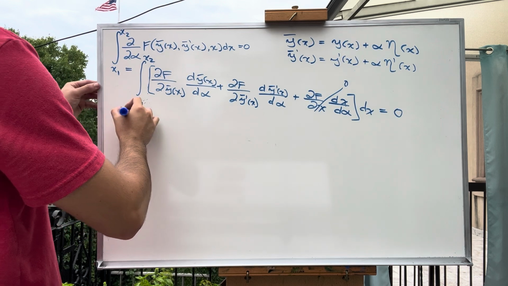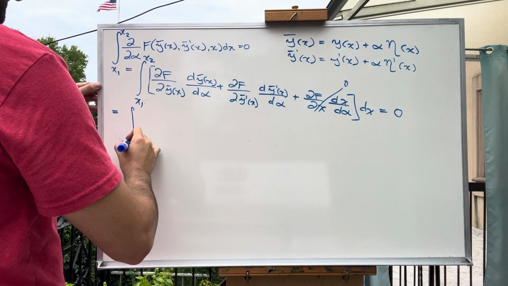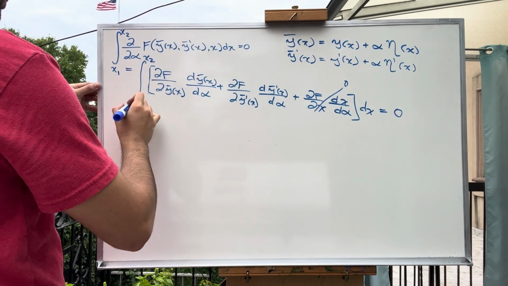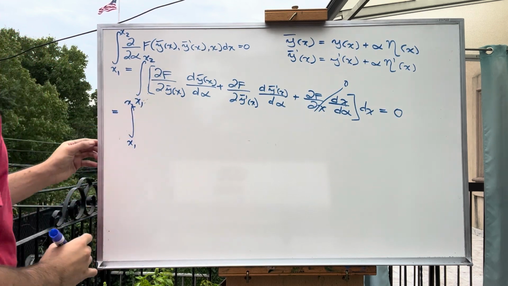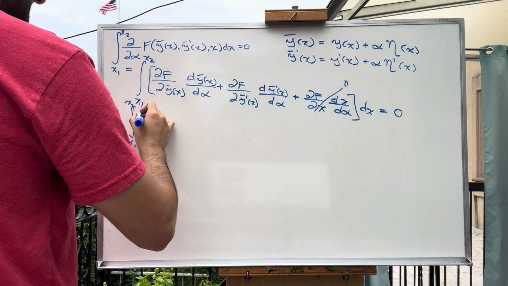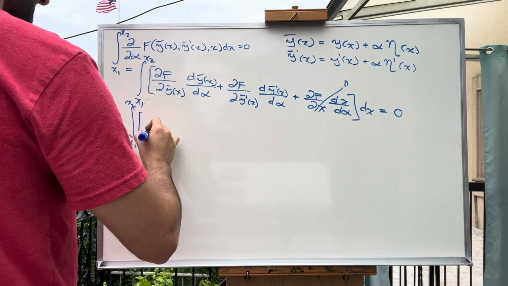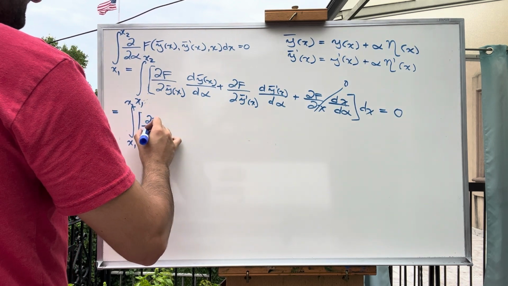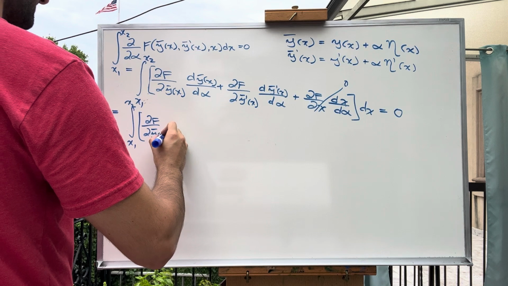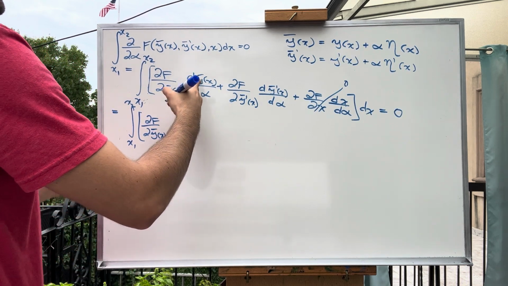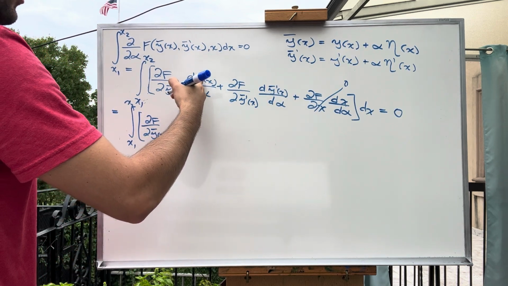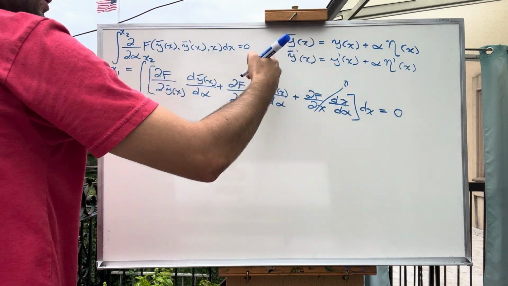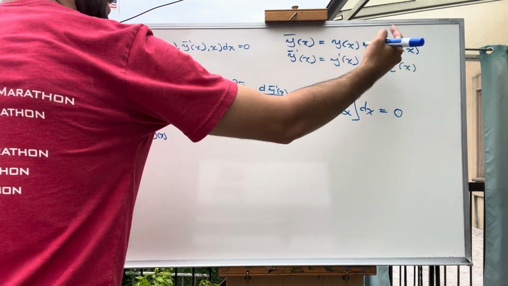And when we plug that in, this simplifies to the integral of x1 to x2 of del f del y bar. The derivative of y bar of x with respect to alpha is simply eta of x.